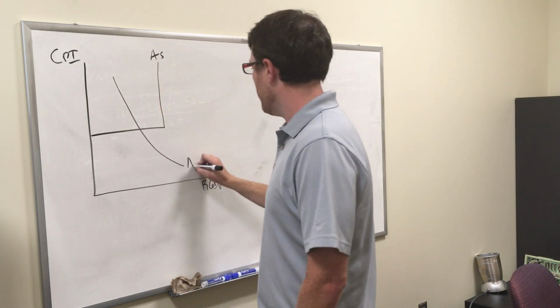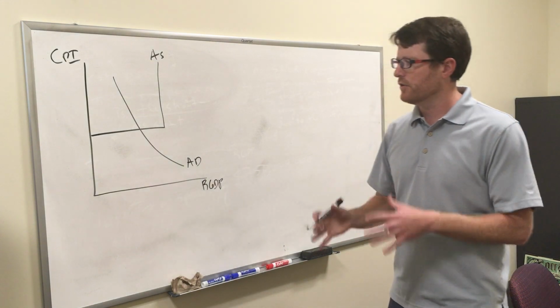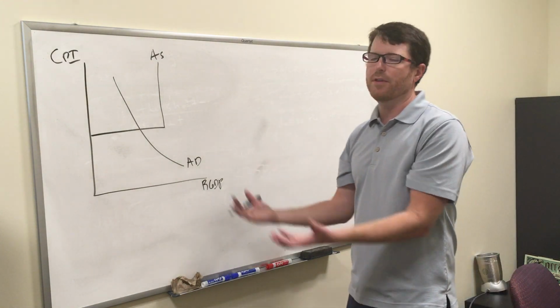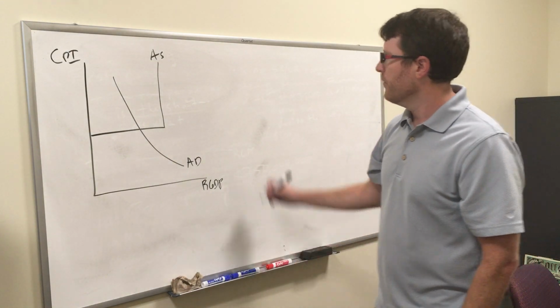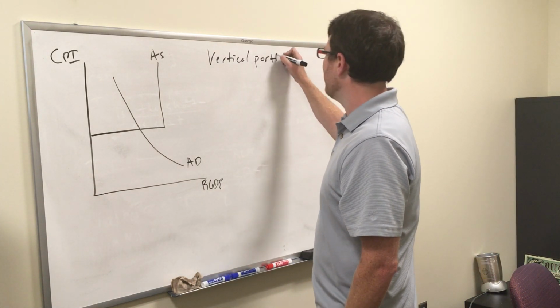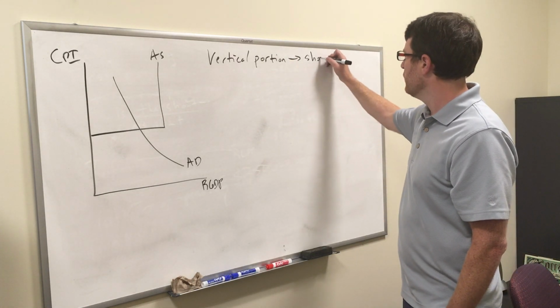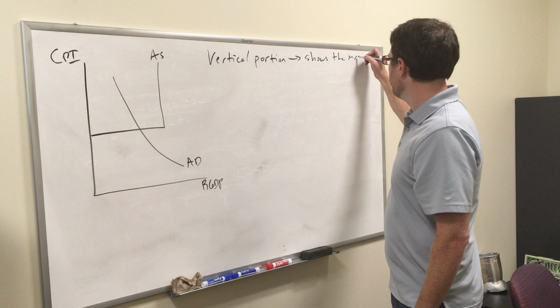And here's our aggregate demand. Okay, and we're just going to have to describe everything as we go here. It's going to be hard to stay just on one topic because we have to learn all of this simultaneously. The vertical portion, without even discussing why it's vertical, let's just first tell what it shows. The vertical portion, this shows the maximum production.